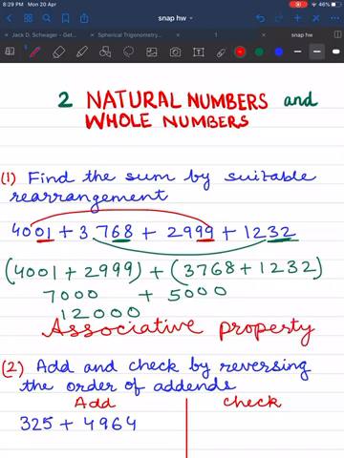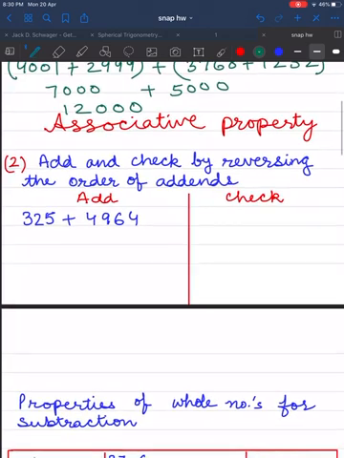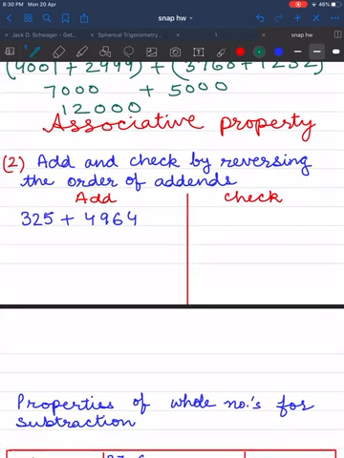Now let's move on to the next question. Add and check by reversing the order of addends. Here 325 and 4964 are the two addends. So first let us add them in the given order. So 325 plus 4964.